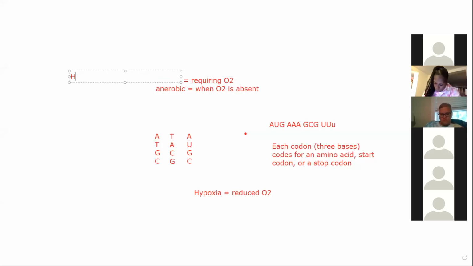Hemato or hema always means blood related. Poetic always means something being produced, or something that's going to divide into something else.